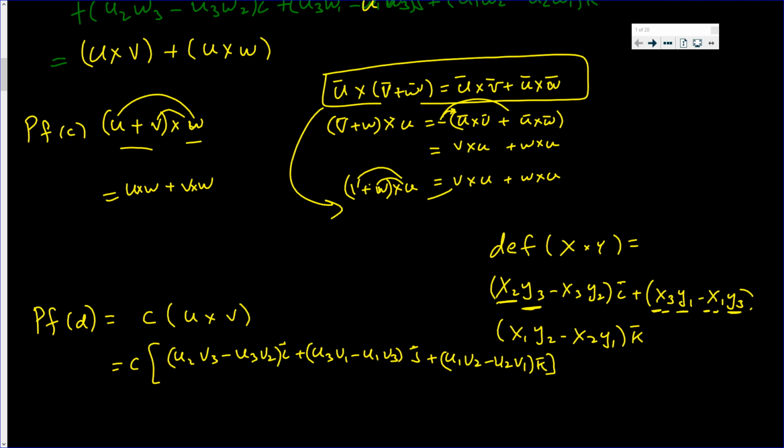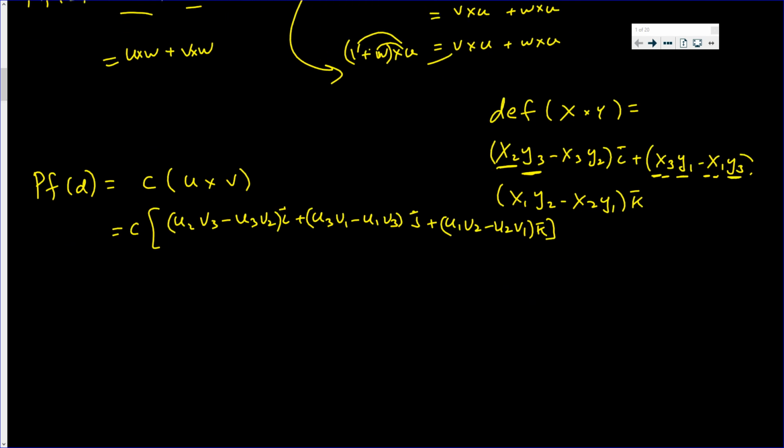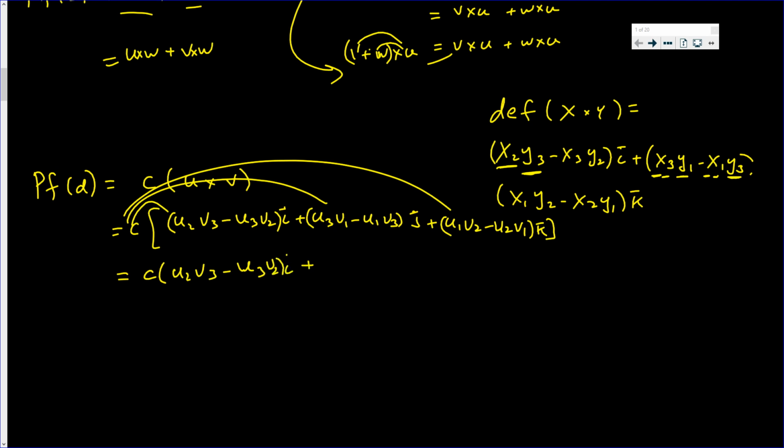Now this one is pretty simple, but it's just a lot of silliness. So now I can distribute the C. This is equal to C times U2V3 minus U3V2 in the I direction, plus C times U3V1 minus U1V3 in the J direction, plus C times U1V2 minus U2V1 in the K direction.